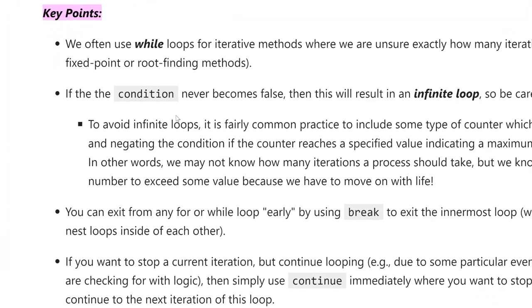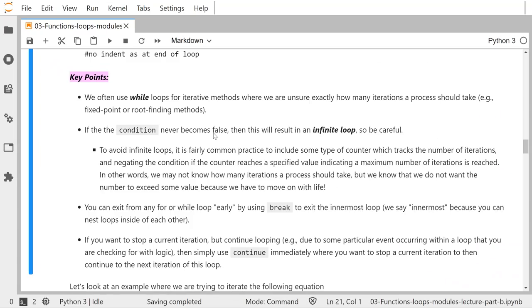So how do you avoid infinite loops? It is fairly common practice in computational and data science to include some type of counter which tracks the number of iterations and negating the condition if the counter reaches a specified value indicating a maximum number of iterations is reached. Meaning, you might say, I don't know how many iterations this process may take, but I know I don't want to take more than 200.